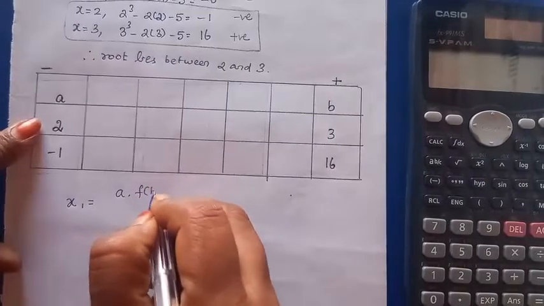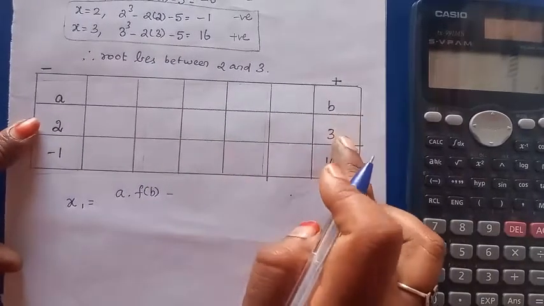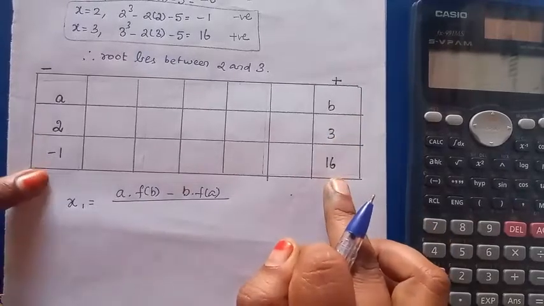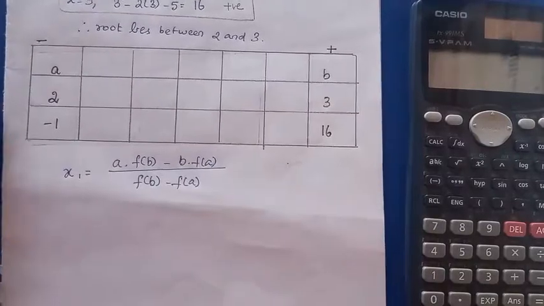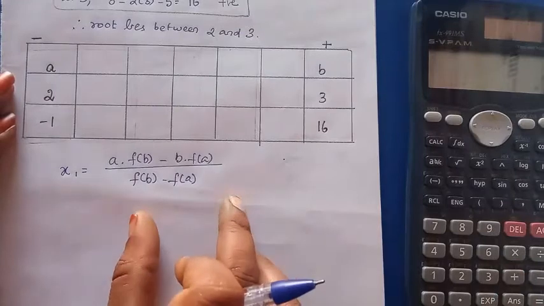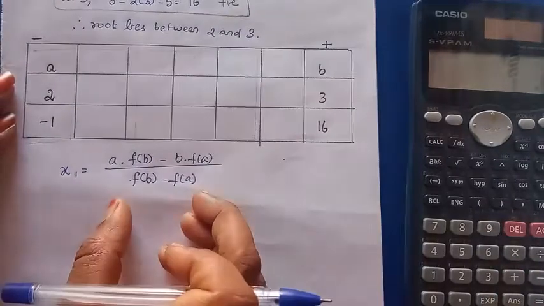Our next step is finding out the approximated value x1: a into f of b minus b into f of a divided by f of b minus f of a. Now let me tell you how to use this formula in the calculator. For that we have to do a little modification in the formula.